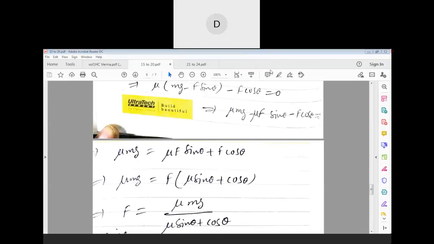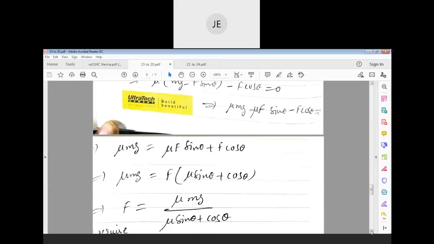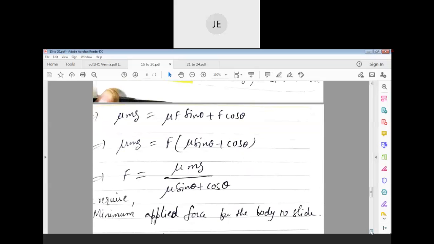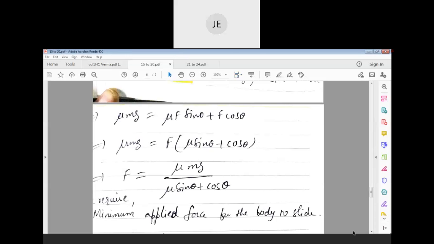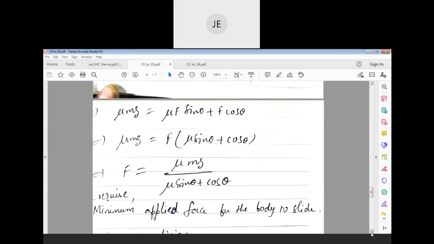If you do horizontal forces and substitute the normal force value, you will get F is equal to mu mg by (mu sin theta plus cos theta), or cos theta plus mu sin theta. But in the question, what they have asked is: what minimum force is needed to slide the block, and in which direction? Minimum force means F should be minimum, which means the denominator should be maximum.